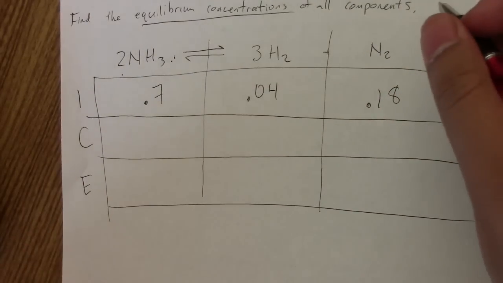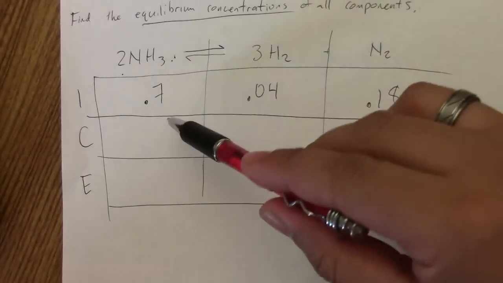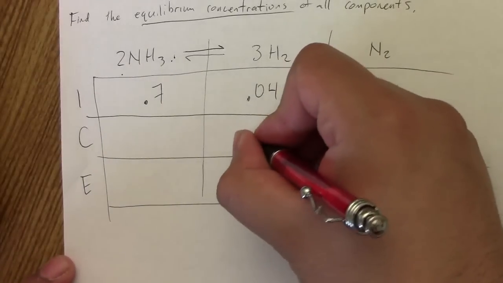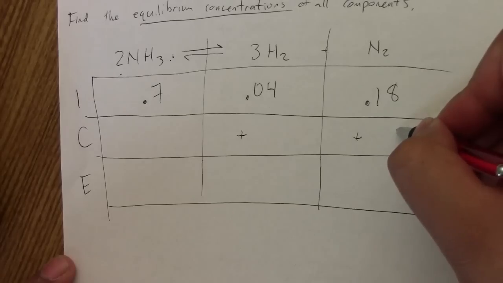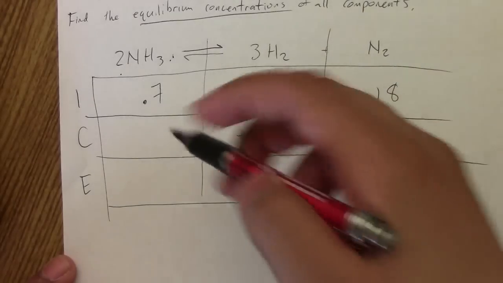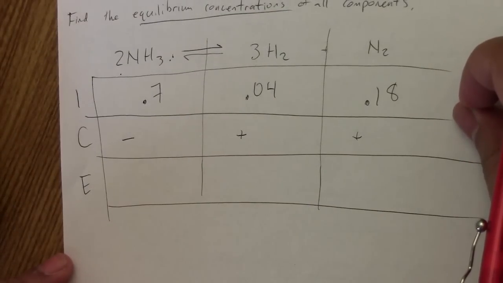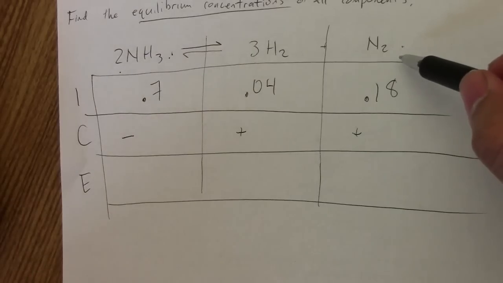Now, when we're looking at this, we have to remember these coefficients. We decided that we need more products. So let's put a plus down here because we know that we're going to be adding something to our products. And let's put a minus over here because we know we need to take away our reactants. I like to go to something that's 1 molar when I start thinking about this.